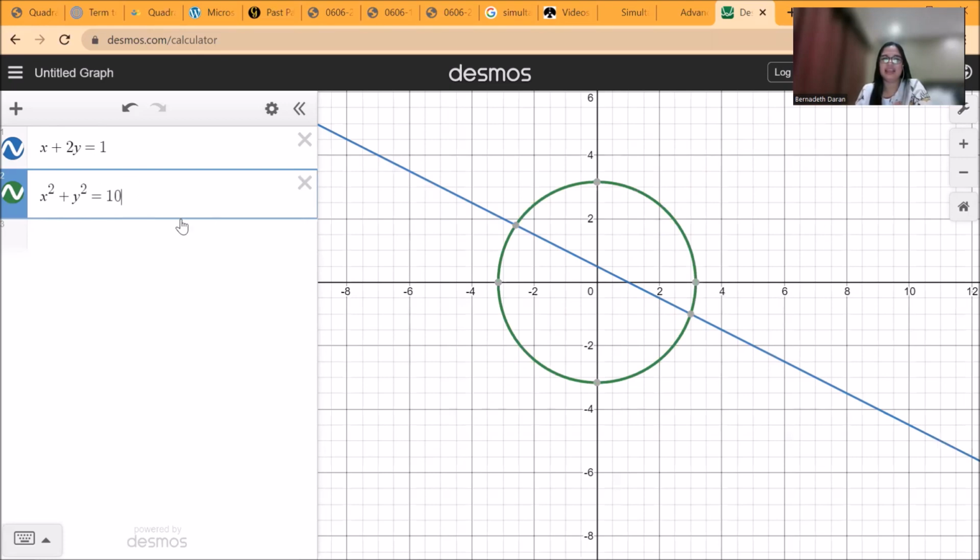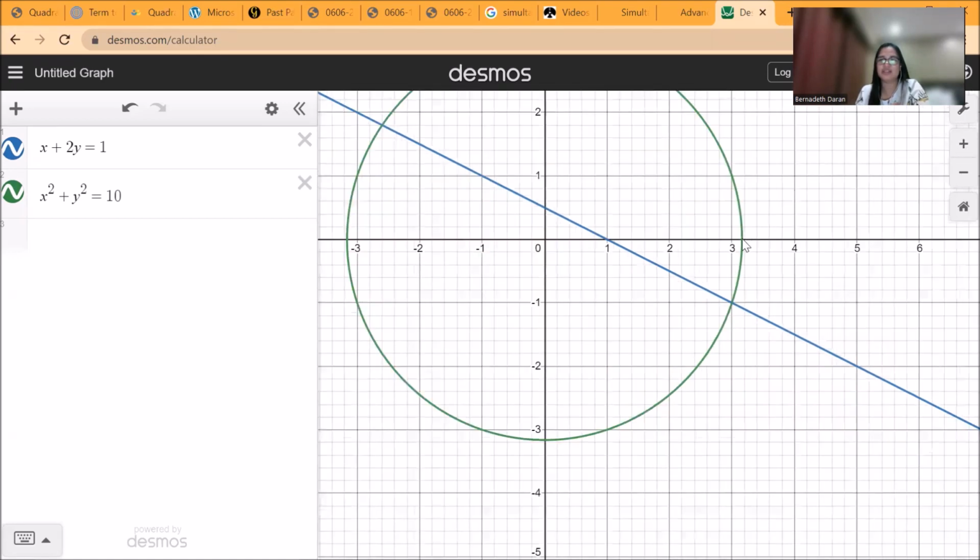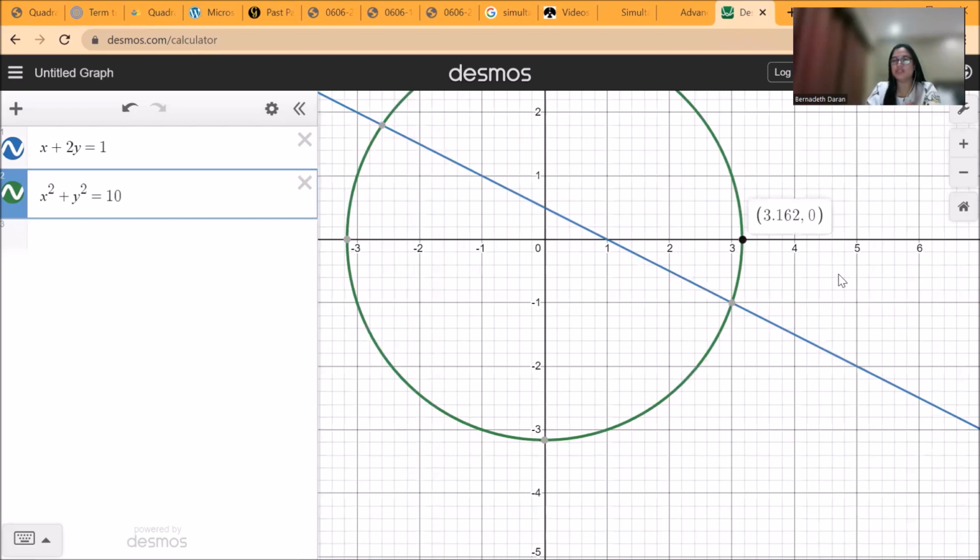Okay. And what is the radius? The center is at 0, 0. This circle has a center at 0, 0. And what is the radius? The radius is this one. Okay, 3.162 actually is the square root of 10.